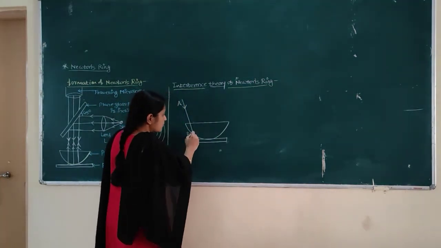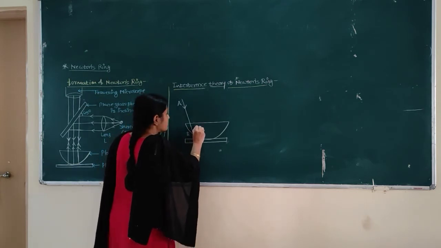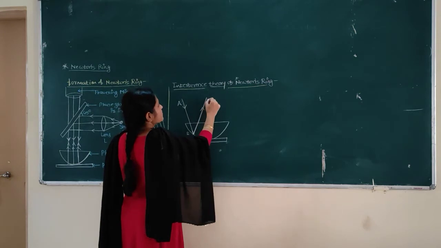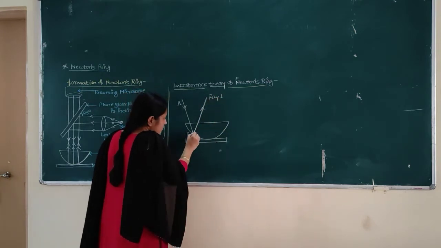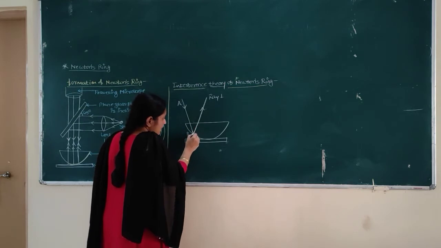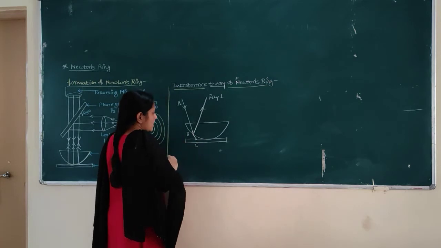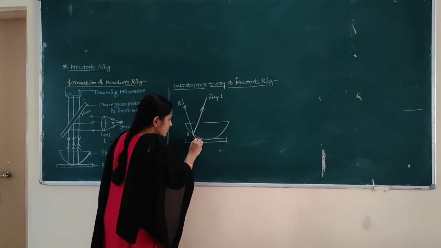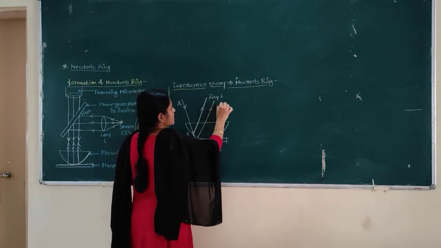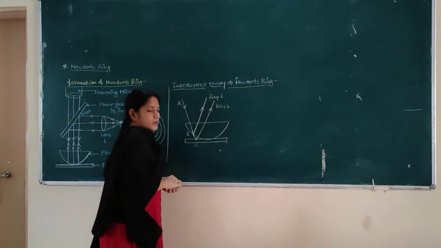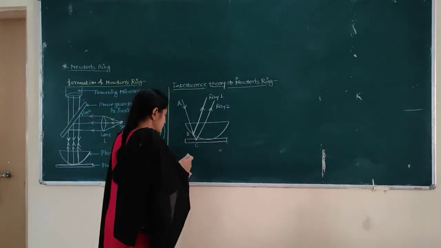Then from the point B, the ray of light will be reflected like this, ray 1, and from the point B, a ray of light is refracted along BC. Again from the point C, the light will be reflected like this, ray 2. Understood?